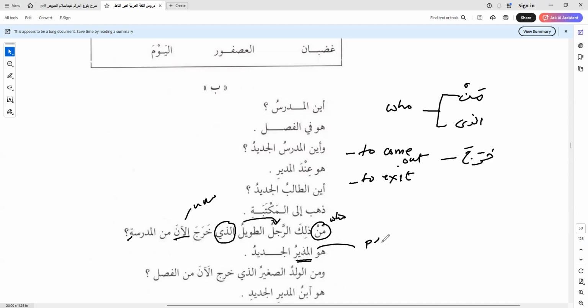Mudir is principal. We've already talked about it in this sense. Mudir can also be a manager, because anybody who manages or oversees is a mudir. Al-jadid, new. Again, look at المدير الجديد. So there is what? Adjective agreement over there.